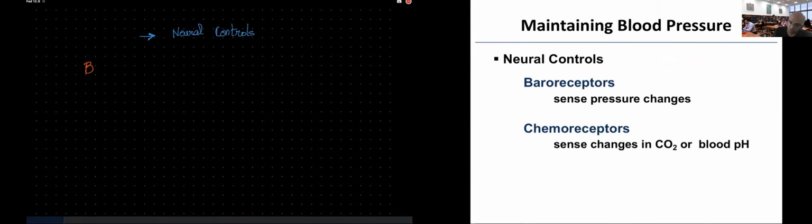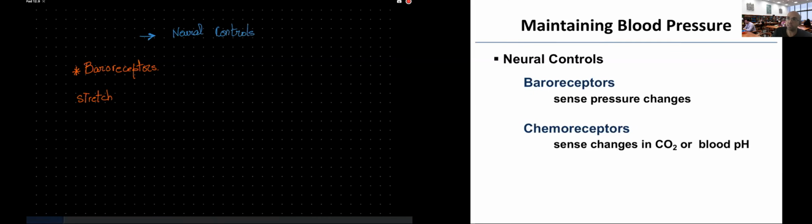types of receptors. First one is going to be the baroreceptors, and the baroreceptors are located in large vessels in special sites in large arteries, and they will be mainly detecting the degree of stretch applied to those arteries.